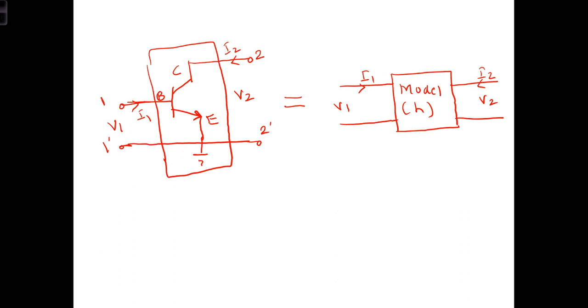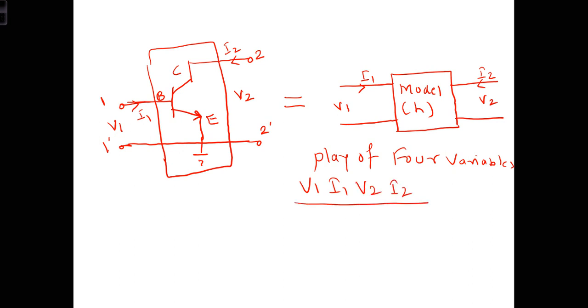It is the play of only 4 variables: input voltage, input current, output voltage, output current. From these we want to calculate 4 different parameters.